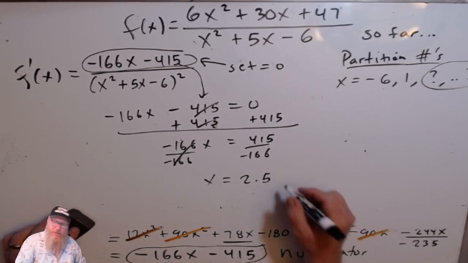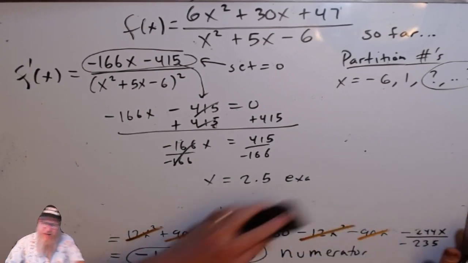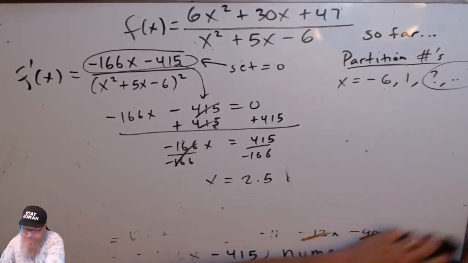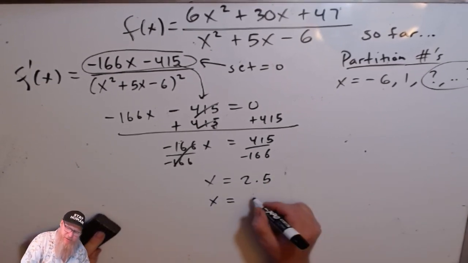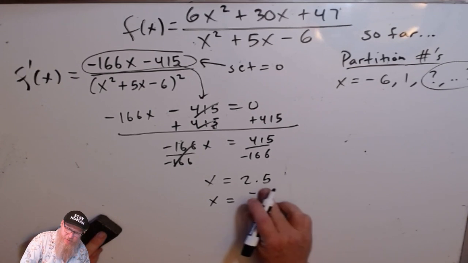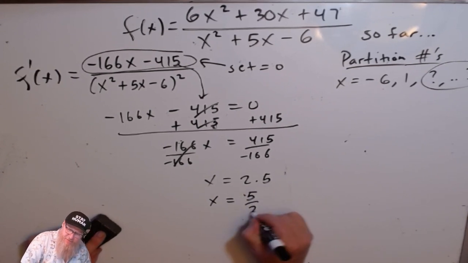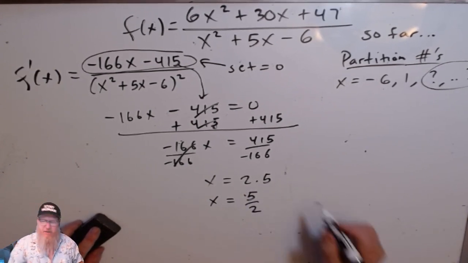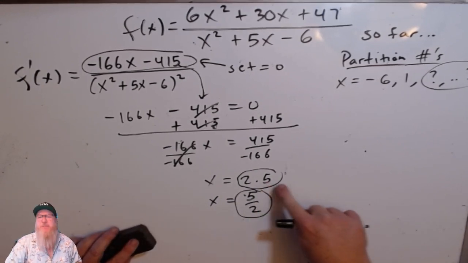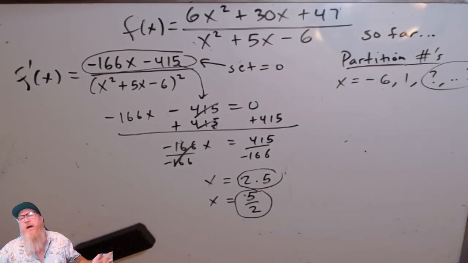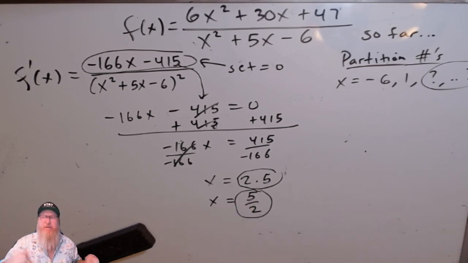Well, 2.5 is exact. Or you could write it as a fraction, 5 halves. I don't care, either one. They're both exact. If this decimal went on and on, then it would not be exact, and then I would prefer 5 halves.